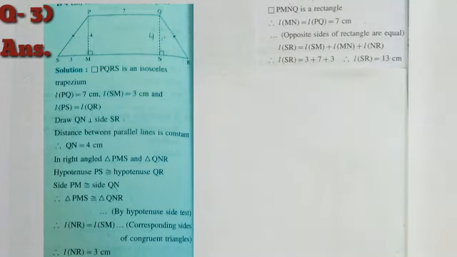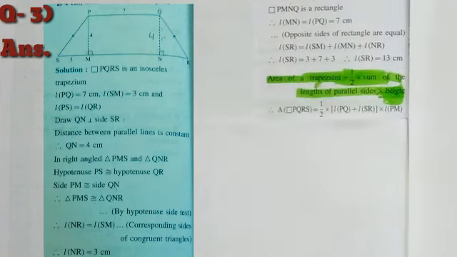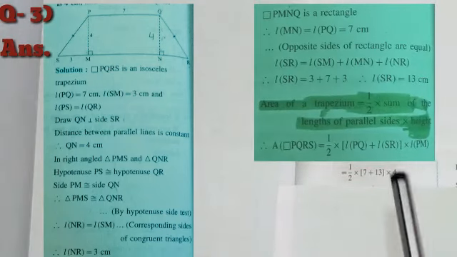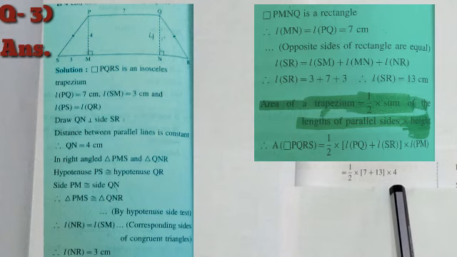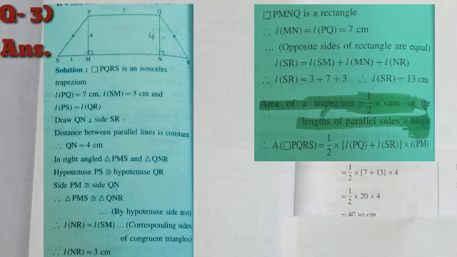Now students, here we got all the basic information to calculate the area of trapezium. So let's write the formula. Now let's put the values here. 1 upon 2 multiplied by the bracket 7 plus 13, multiplied by 4. 7 plus 13, the answer will be 20.